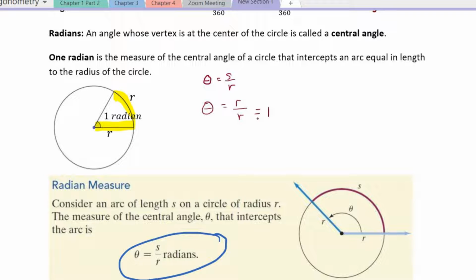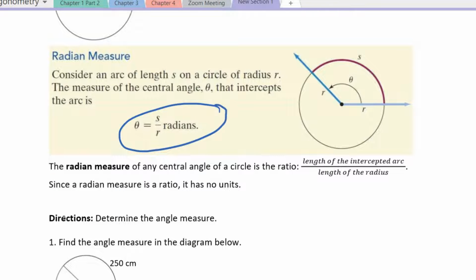So 1 radian is when this arc length is equal to the radius. We're going to see a little bit later that 1 radian is approximately 57 degrees. This formula is one of the first formulas that we're talking about. It is on your reference sheet.